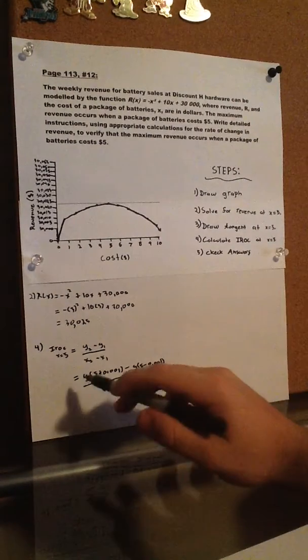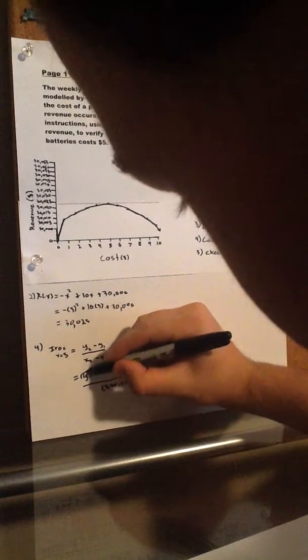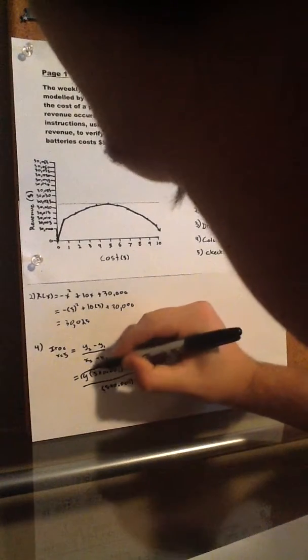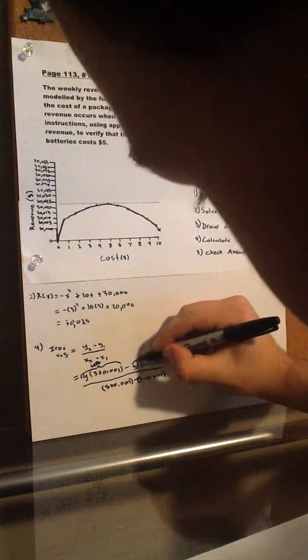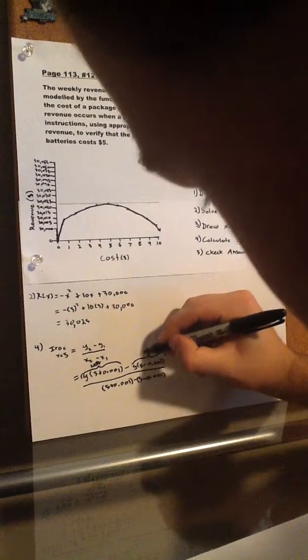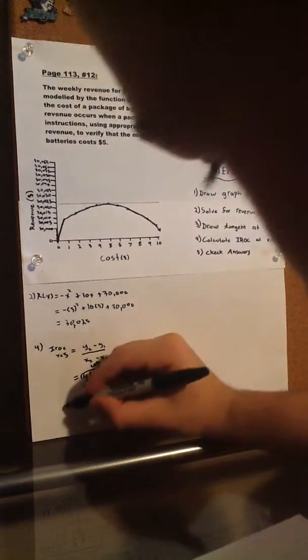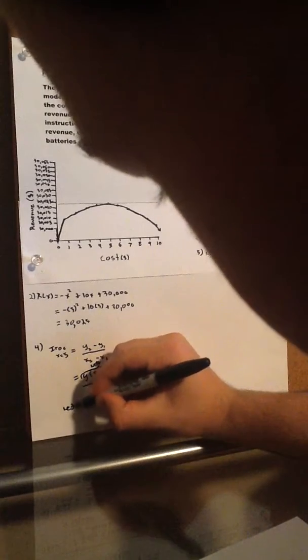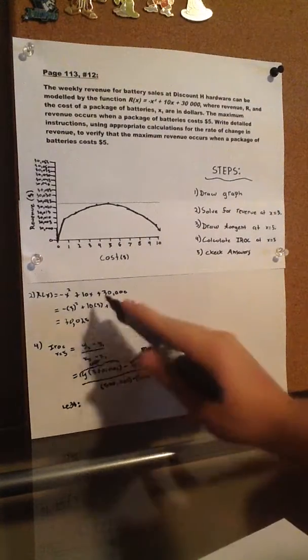So now we need to solve for what each of these values equates to. So we can call this the left side of the equation and this the right side of the equation. So to solve for the left side, we need to plug this number into the original equation.